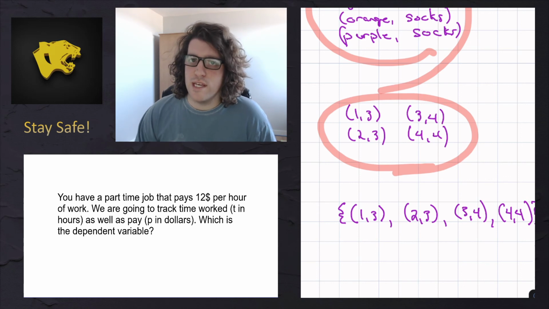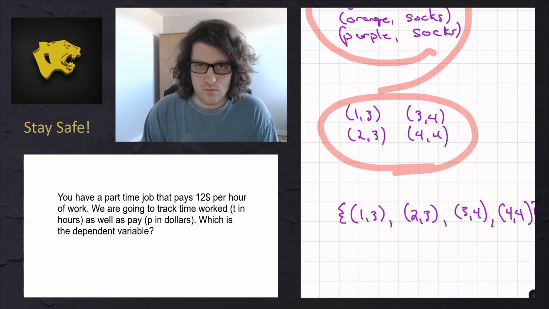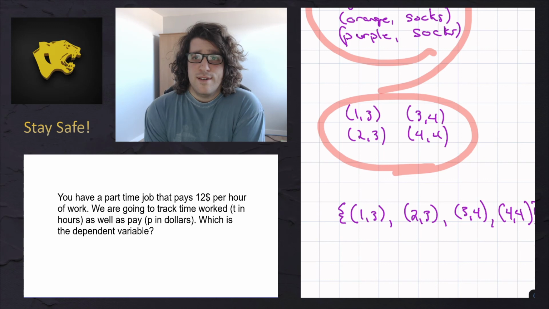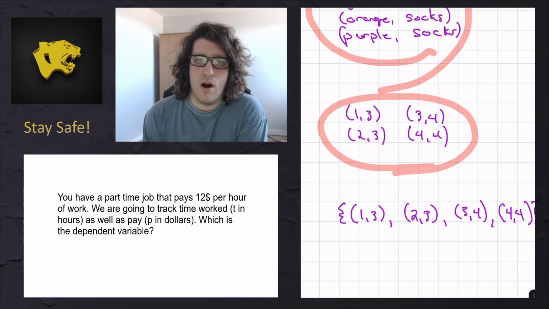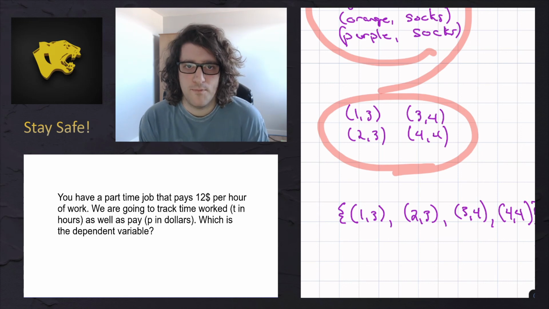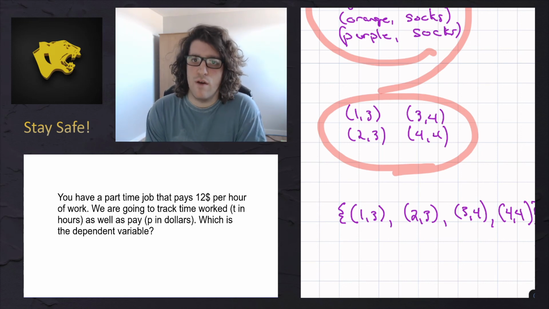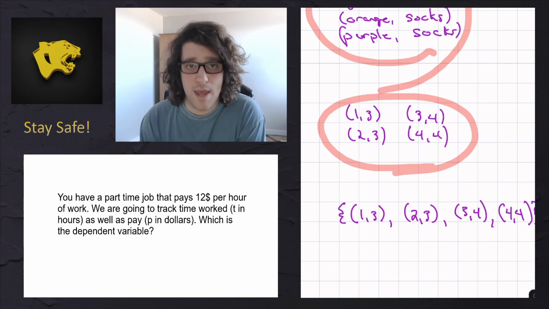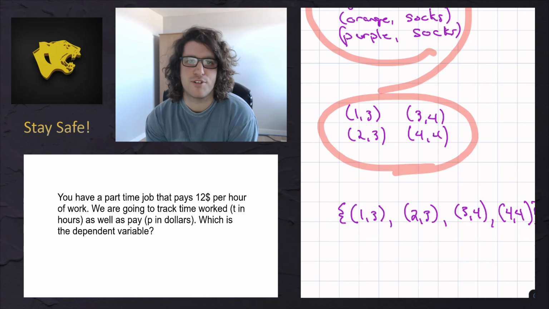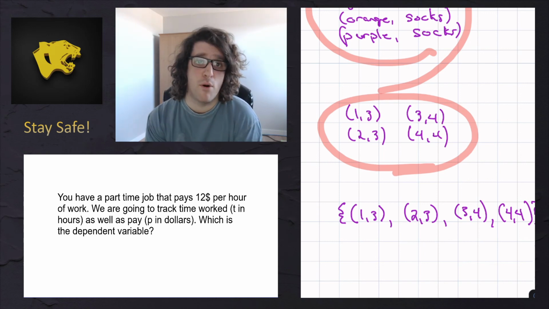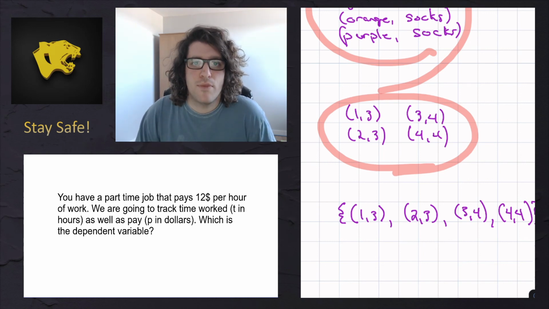Which one is the dependent variable? The question is, does the amount of money that you get paid depend on the amount of hours that you have worked? Or does the amount of hours that you have worked depend on the amount of money that you have been paid? You could probably get yourself flustered into a place where you feel like both would be okay.